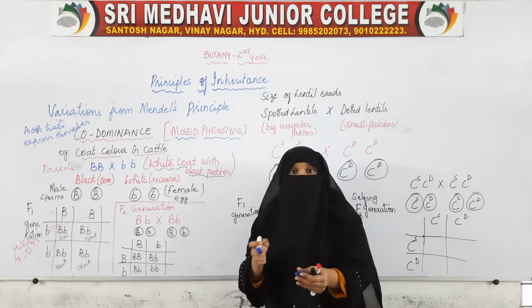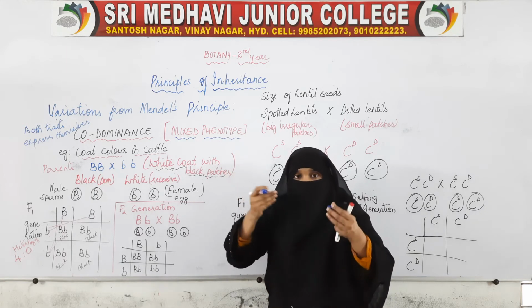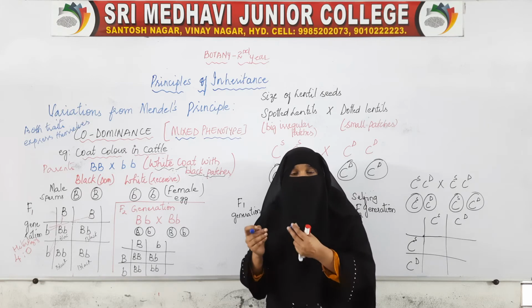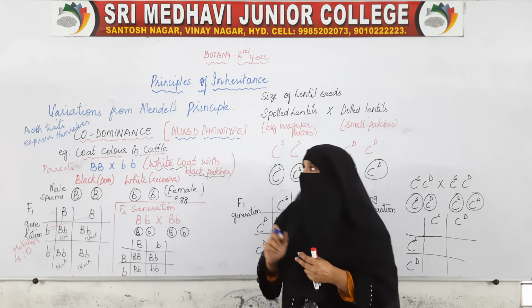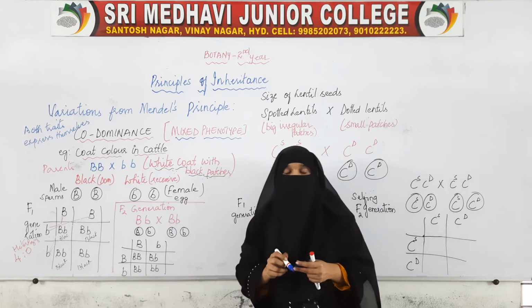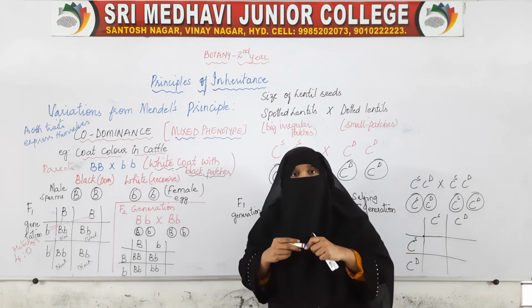We are getting pink, the intermediate phenotype. Here we are getting mixed, both black as well as white. So in codominance we get a mixed phenotype, and in incomplete dominance we get an intermediate phenotype.